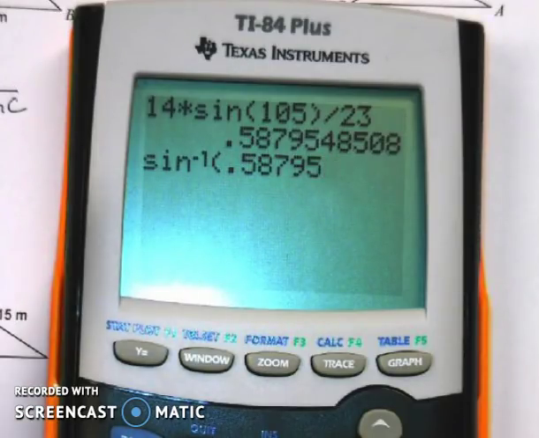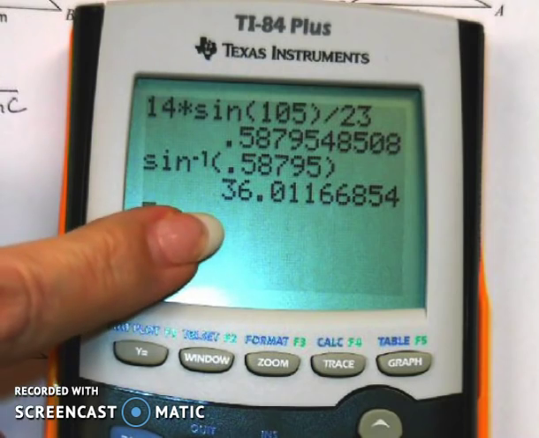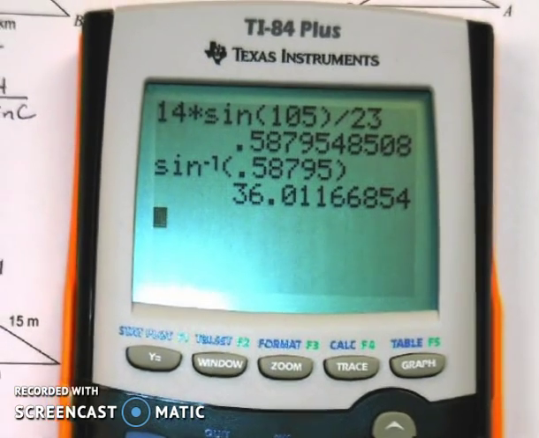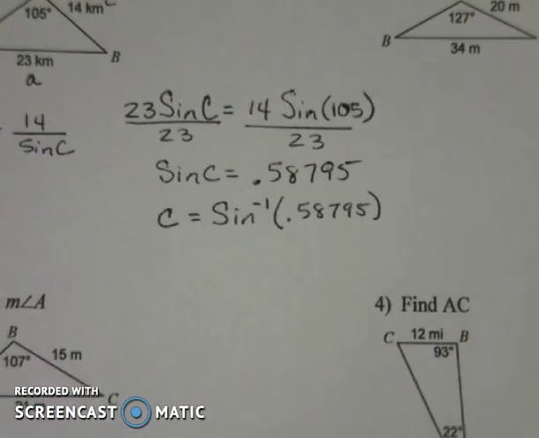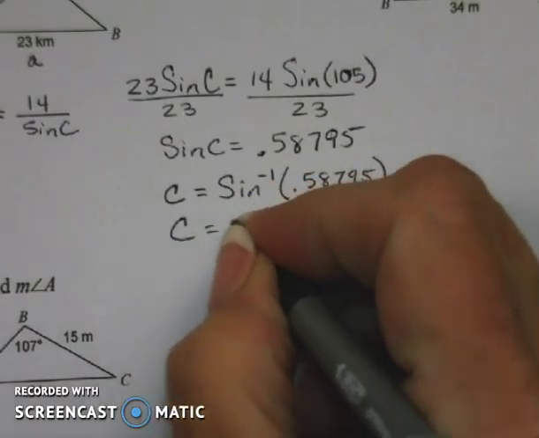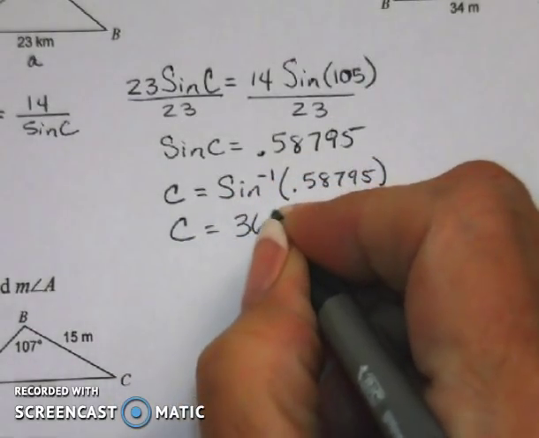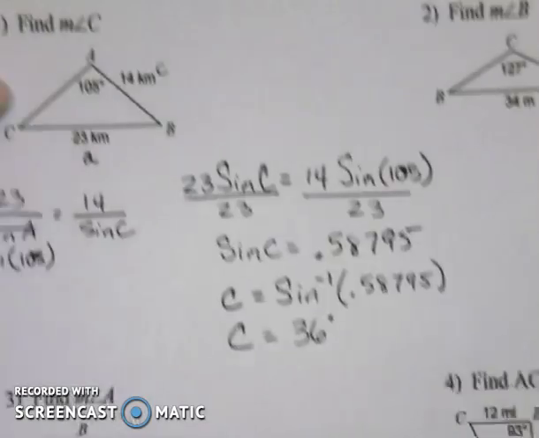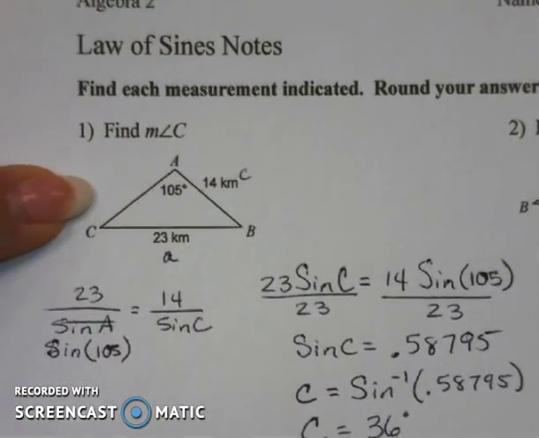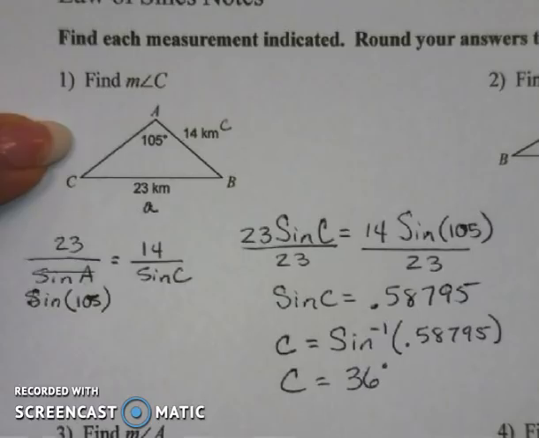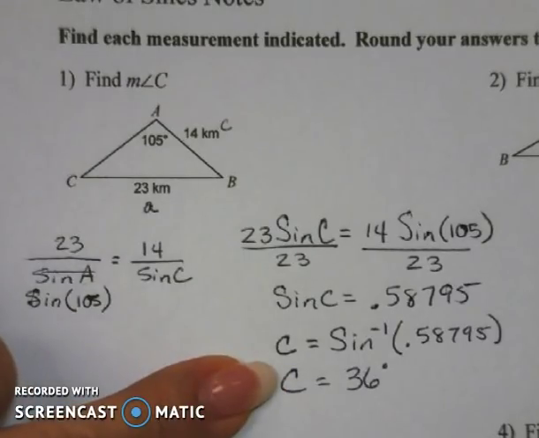You can use more values, it just makes it a little more correct. Equals. And I get 36.0. I like that. So my answer, C, is 36 degrees. I have found the measure of angle C. The measure of angle C is 36 degrees.